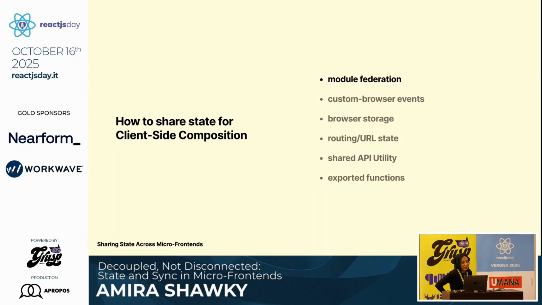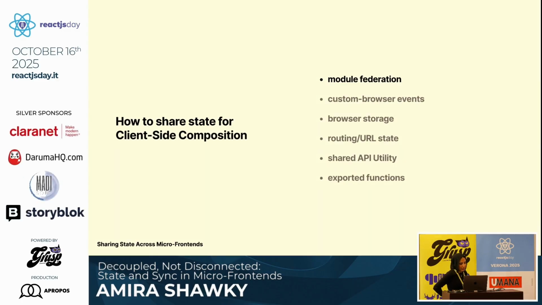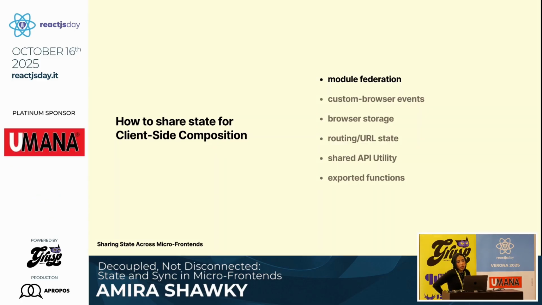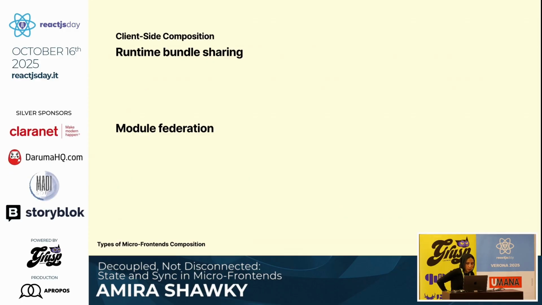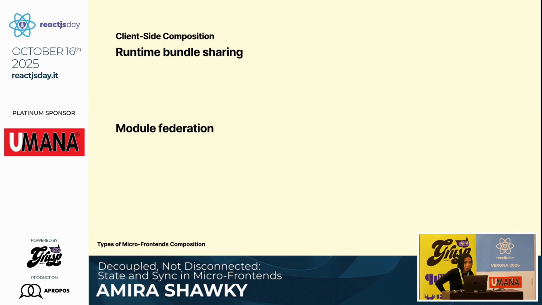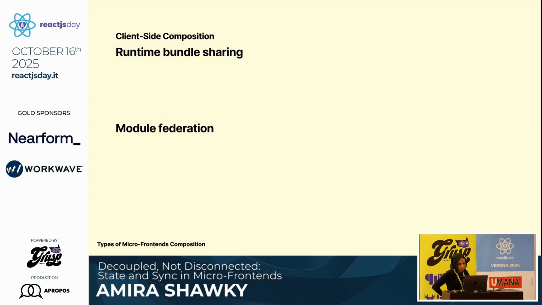So how do we share state in client-side composition? We can share a lot of things using module federation, whether it's authentication information, a UI state, or even libraries, as we mentioned. We can use module federation in a lot of cases, such as route lifecycle mounting, like dealing with single-spa, shared dependencies, or single-spa. So we can almost use it everywhere. But single-spa doesn't provide runtime sharing out of the box.